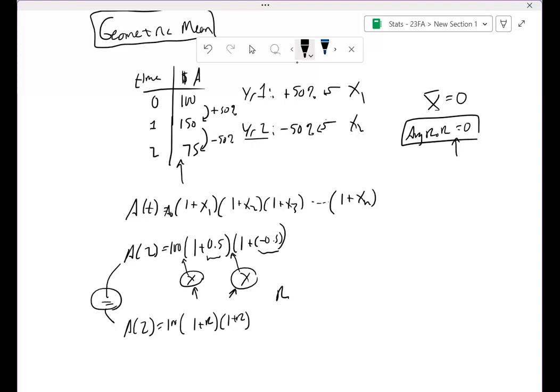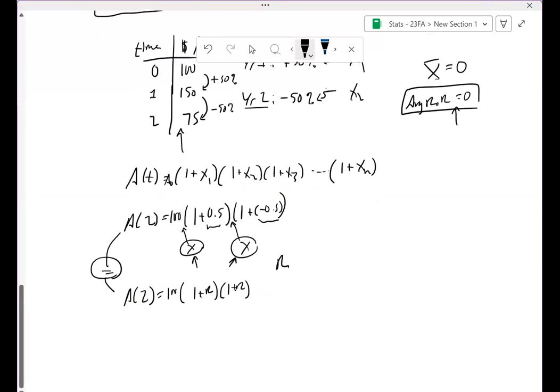That's what was true of the average: if we replaced each of our data points that are all over the map with the average of the data, then the sum of the data would still be the same. So same thing here. If I replace my variable rates of return with this mean rate of return, I would like to choose one that sets these two equal.